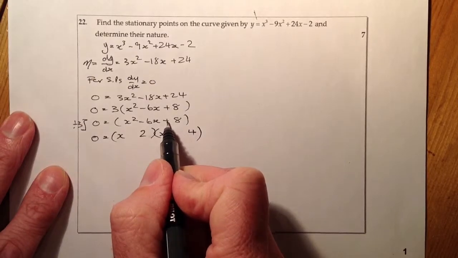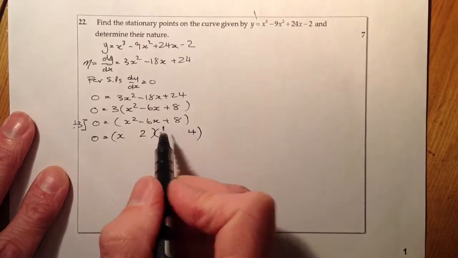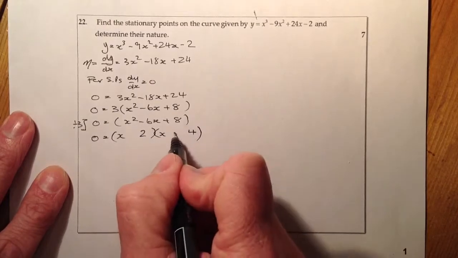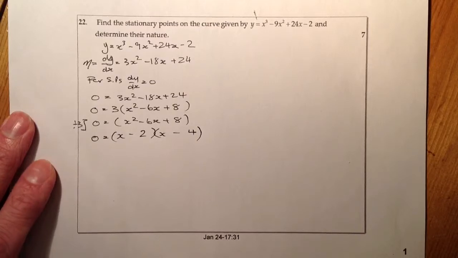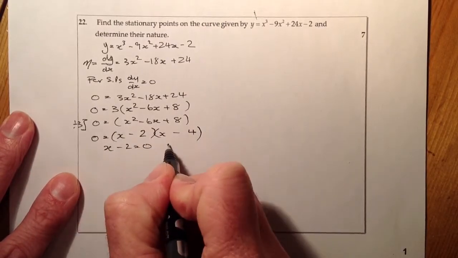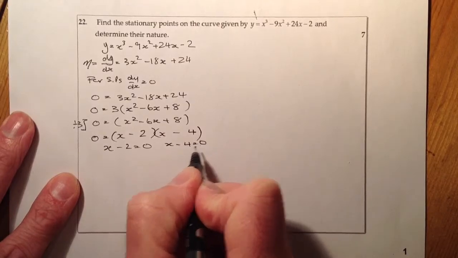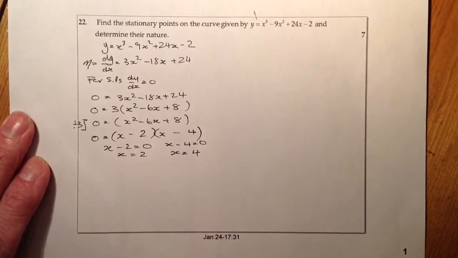The sign is a positive for the 8, so they're either both positives or both negatives. The negative sign on the 6x will tell me they're both negatives. So that's me factorised it. What we'll then do is solve it from there. So I've got x minus 2 equals 0 and x minus 4 equals 0. From there I can see x equals 2 and x equals 4.